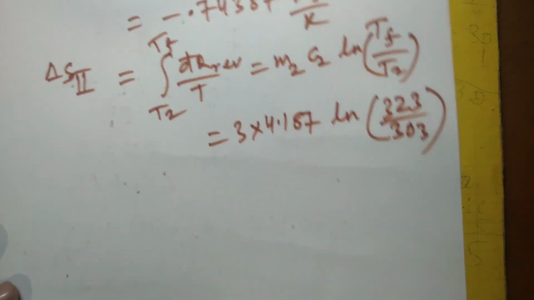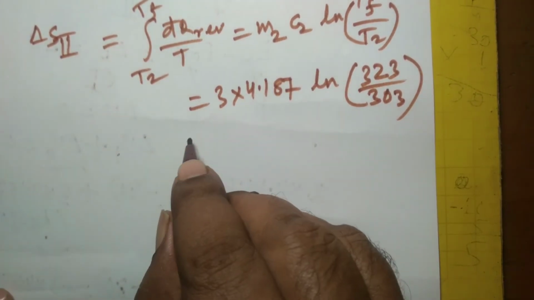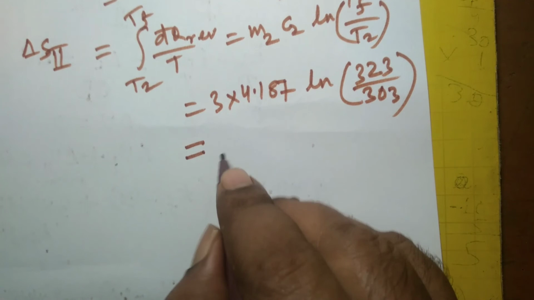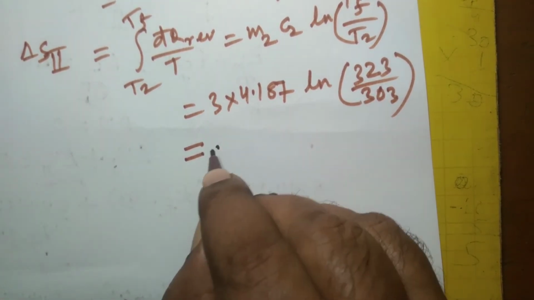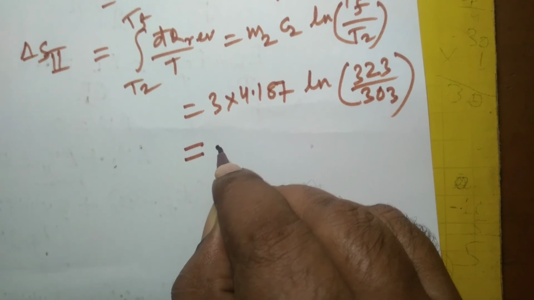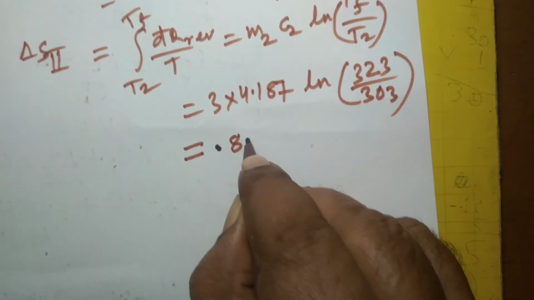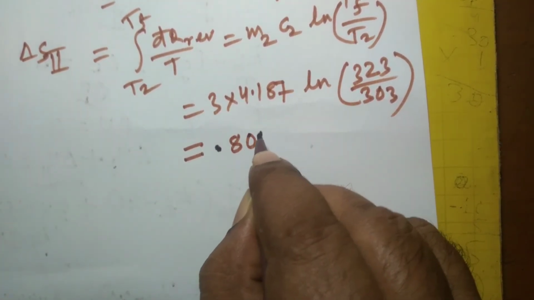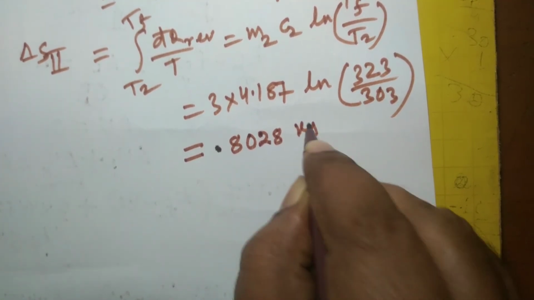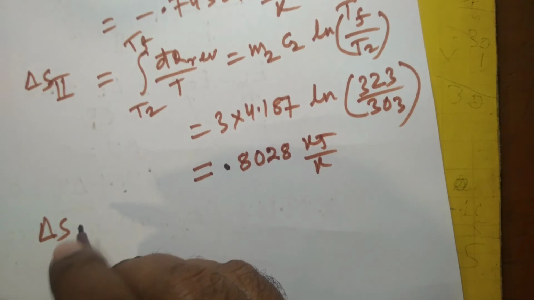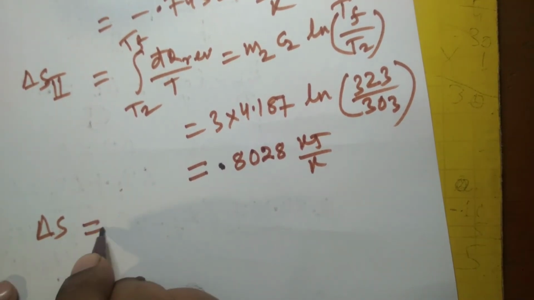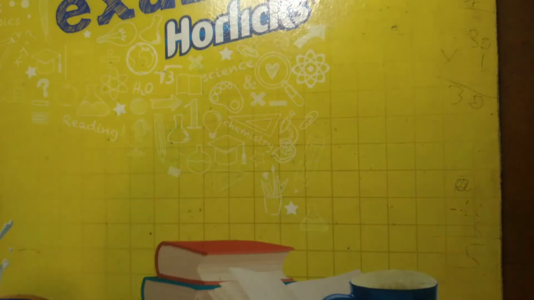So this is equal to 0.8028 kilojoule per Kelvin.